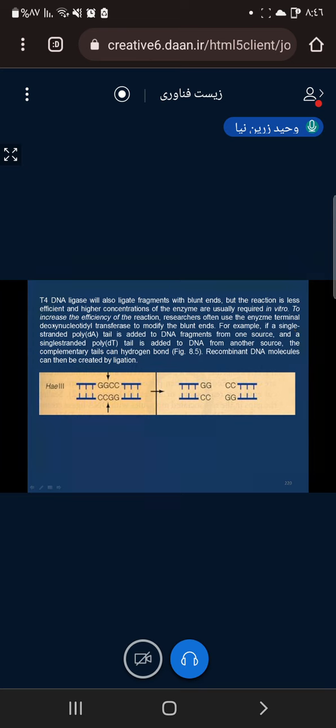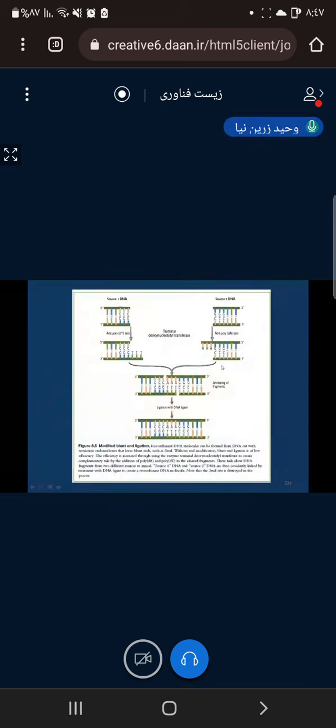For example, if a single-strand polyadenosine tail is added to a DNA fragment from one source, and a single-strand poly-dT, or polydeoxythymine tail, is added to DNA from another source, the complementary tails can hydrogen bond. Therefore, recombinant DNA molecules can then be created by ligation.